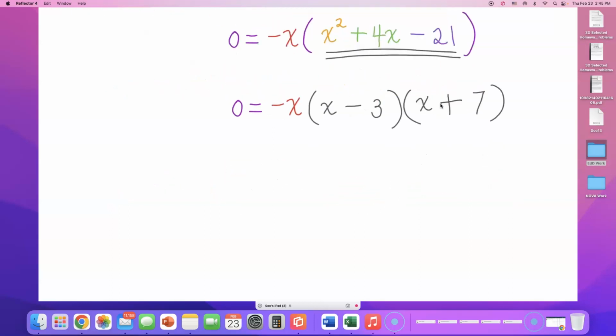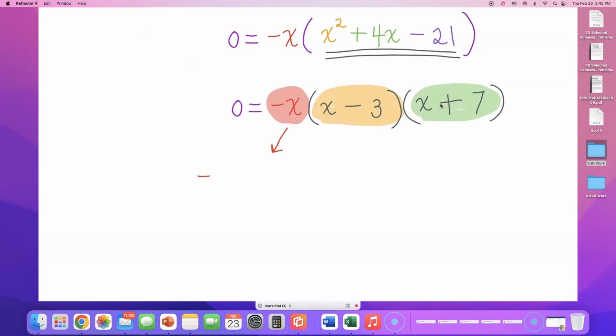Now, we're done. We just have to find the zeros. Remember in class, I would identify the chunks of multiplication. There is one chunk, the second factor, and then the third factor, and we have to set each of these equal to 0 to solve for the zeros.